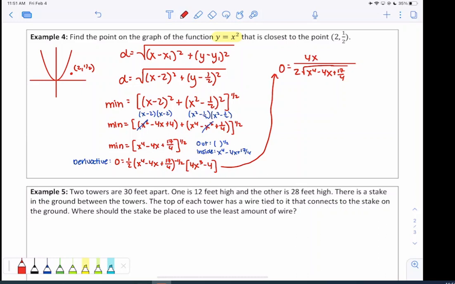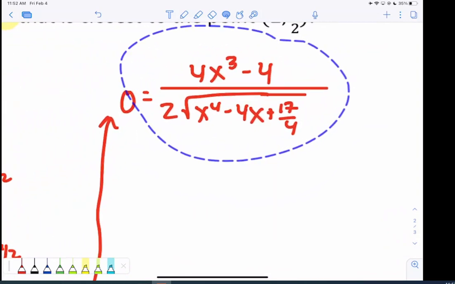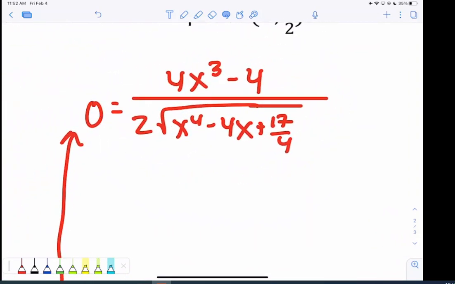So now we're in pre-calculus solving. I have a rational function. If I want to know when a rational function is equal to 0, what do I need to do? I want to know when this guy is equal to 0. I just have a fraction right here. When is a fraction equal to 0?